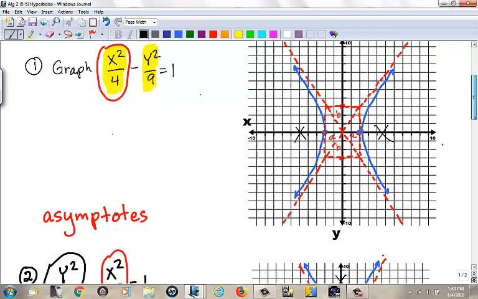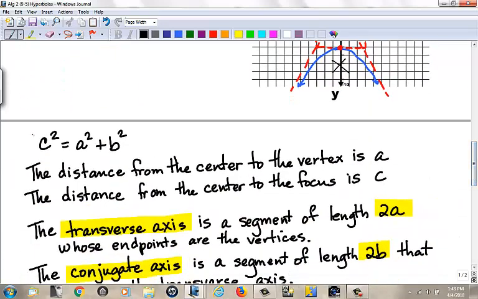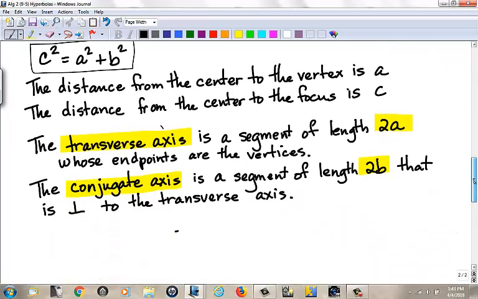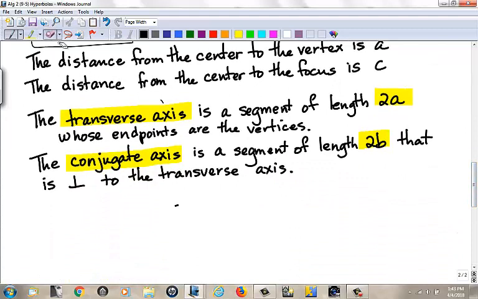To figure out what those are, you have to use this formula. And it's different than the one for the ellipse. Wasn't it a minus sign on an ellipse? Yeah. Now, that's if you're at the origin, 0, 0. What if you're off the origin?